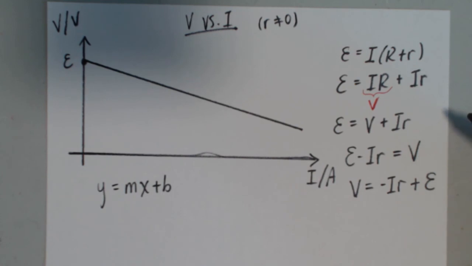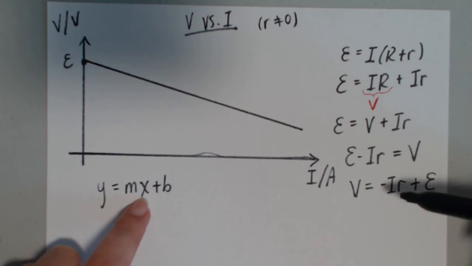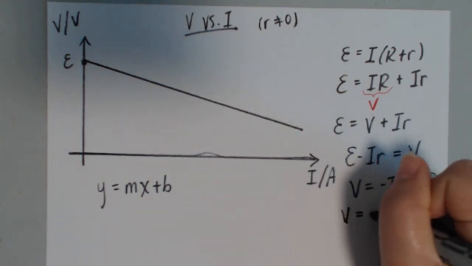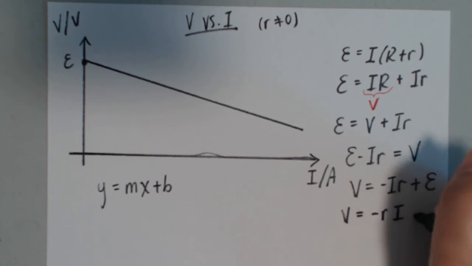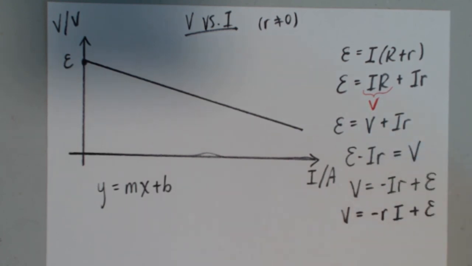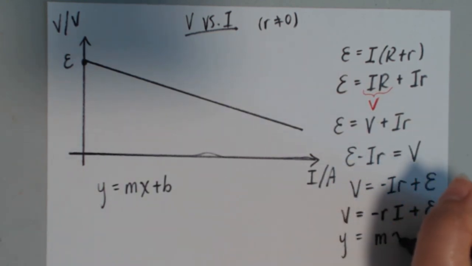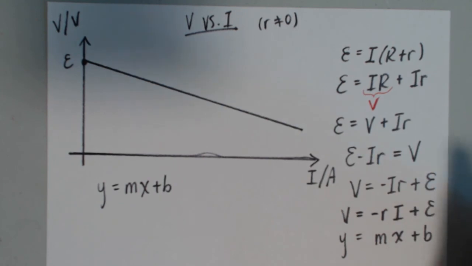Now I'm going to throw one more curveball at you: I like to write the independent variable second. So I'm going to write this as V is equal to negative rI plus epsilon. Finally, we can compare this to y equals mx plus b. And I want you to notice two things.